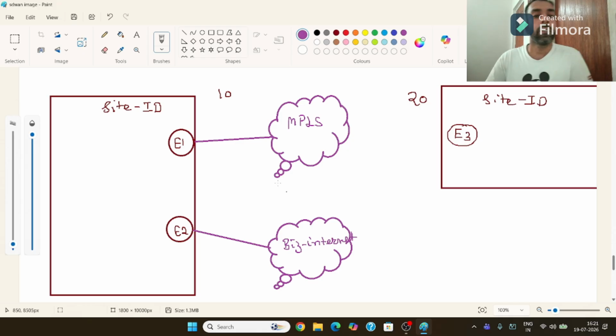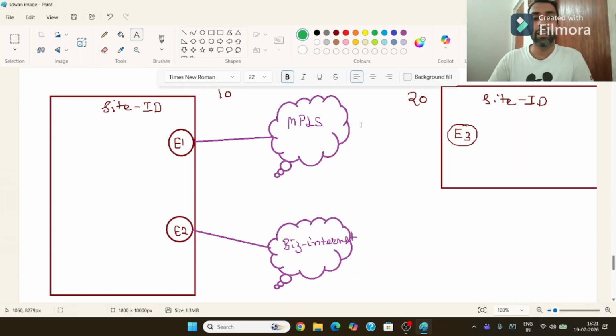So while configuring this router's interface, at that point of time, I will have to define the color of that particular transport. There can be many colors for a particular transport. If I give you the names, they can be something like this.